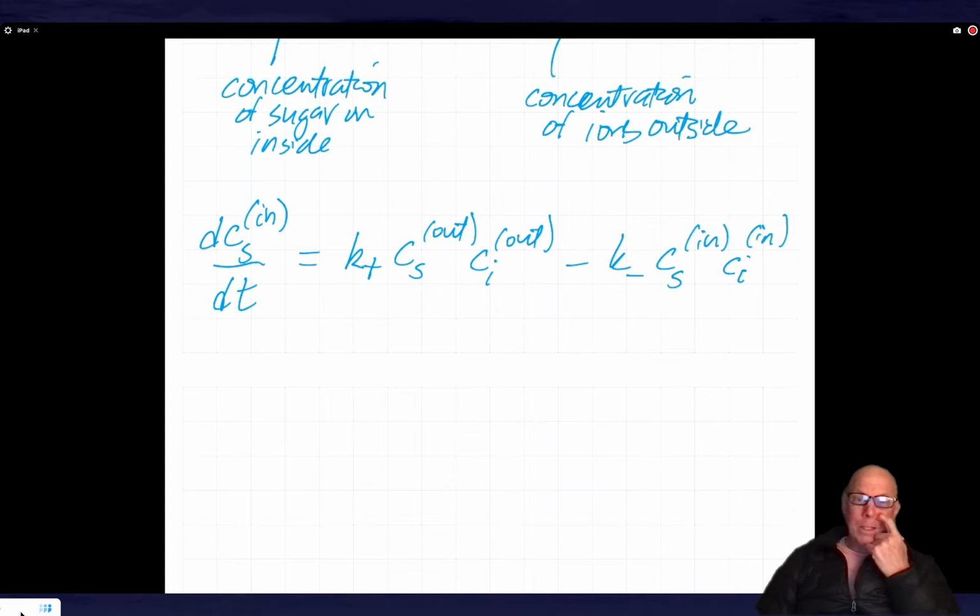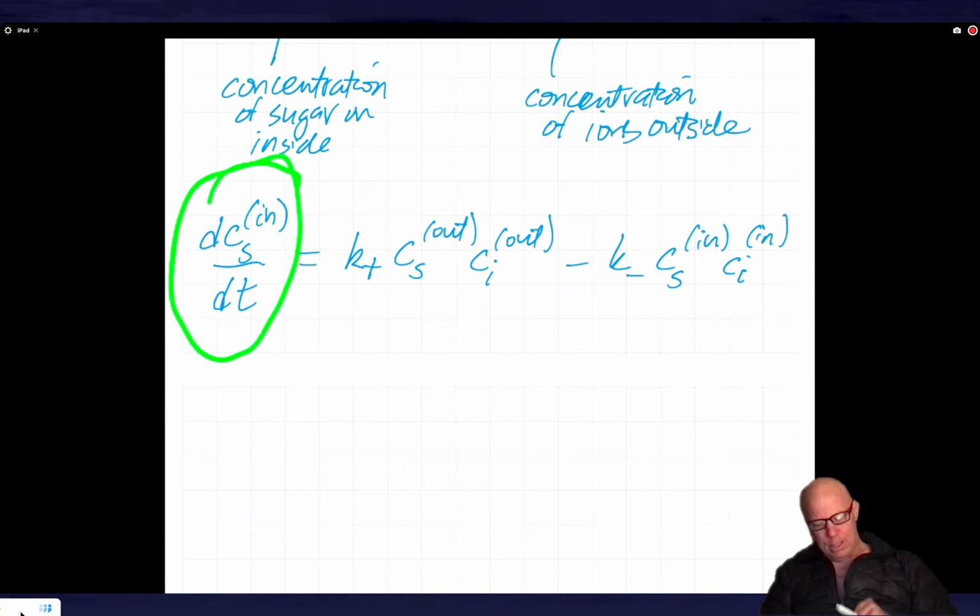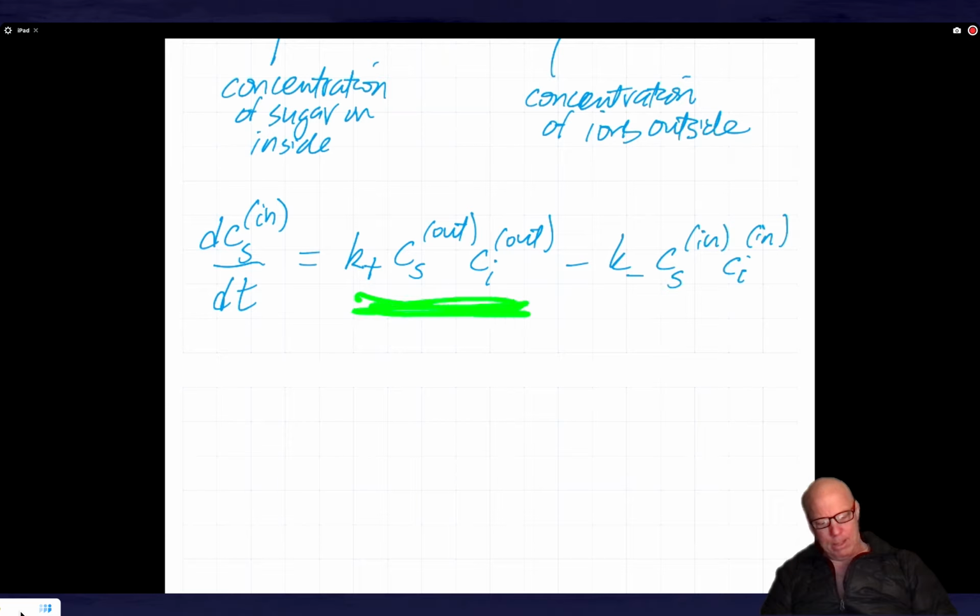So let's look at what this equation is stating. What it's asserting is that the way we increase the number of sugars on the inside is by this. What does this say? It says you take stuff on the outside, and the rate has got an intrinsic constant, which I've called K plus.